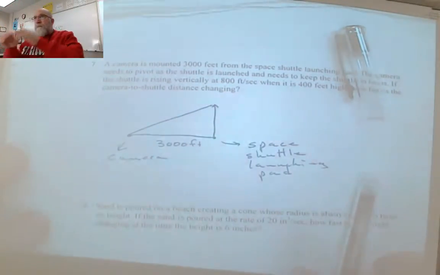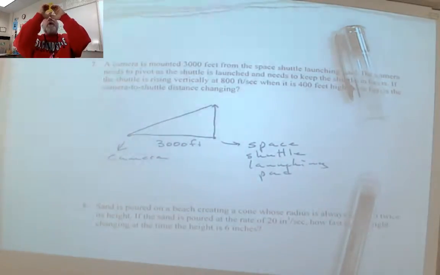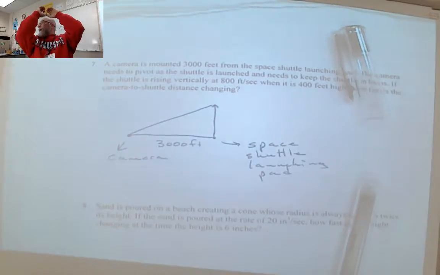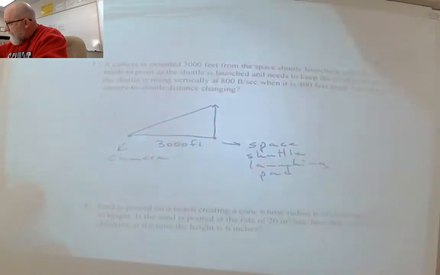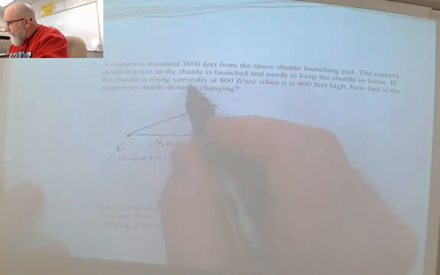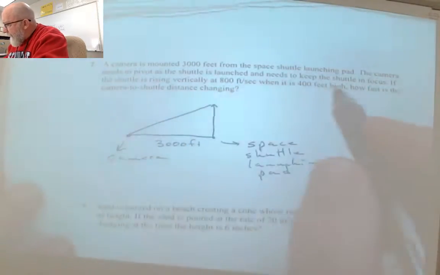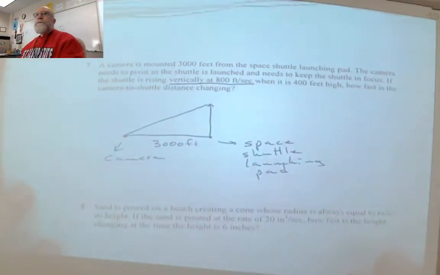So imagine me. I've got my video camera. Aren't I going to be going like this, following it up? You got the idea? And it needs to keep the shuttle in focus. If the shuttle is rising vertically at 800 feet per second, what is this right here?